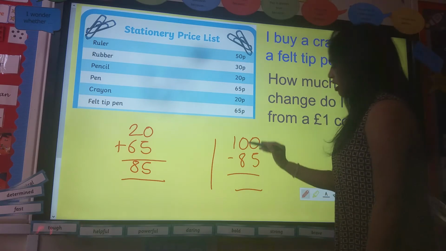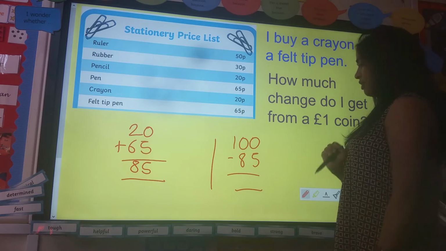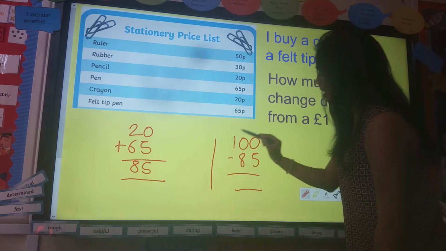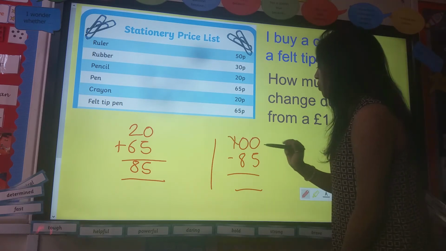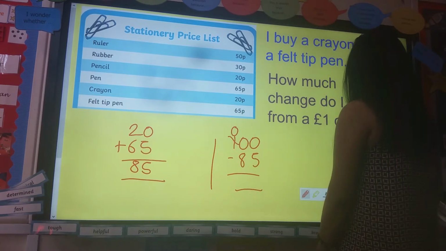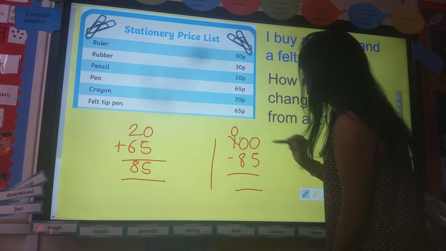I can't do that. I need to go to the next column, my tens column. Oh, I can't take any numbers there either. So then I have to go to the next column. I cross off my 1 and that becomes a 0. And then, so let me use another colour to make this. So then this becomes a 10.